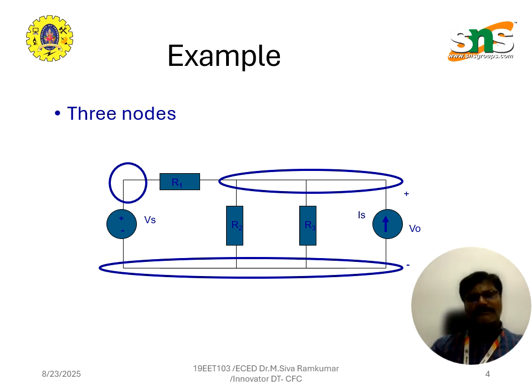Although the circuit looks slightly complex, by systematically identifying the junctions where the elements meet, we can clearly label the three nodes. This identification is critical because both Kirchhoff's current law and nodal analysis depend on knowing the exact number of nodes.